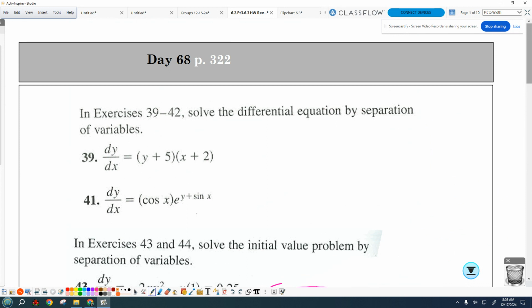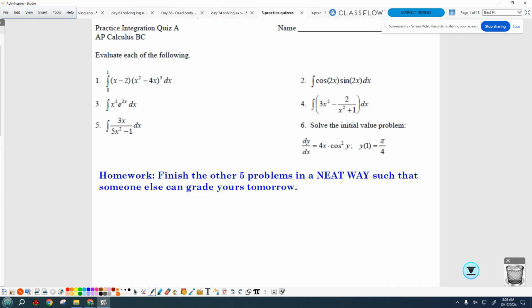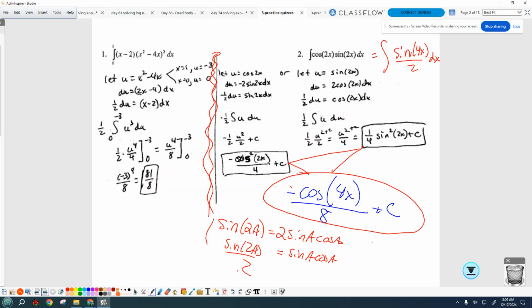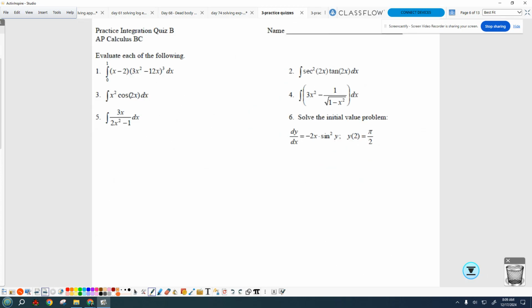So I have two things for you guys. One is there are 3 old quizzes. I've smooshed them together and put them on a single sheet. So there's quiz A and quiz B is in here somewhere. And then quiz C is very much like, I think B, however, it's angry.